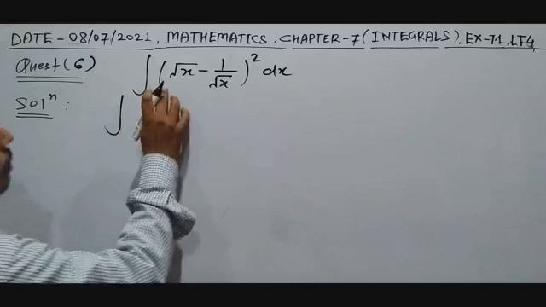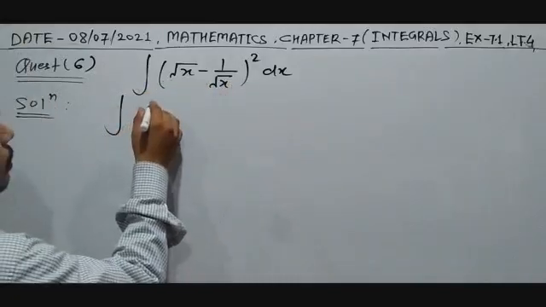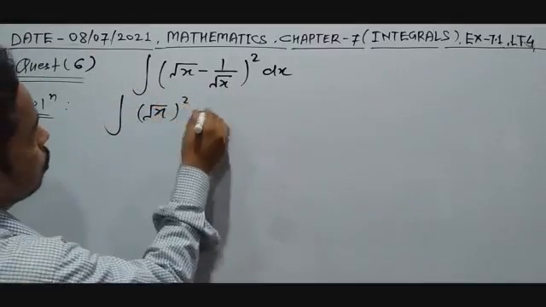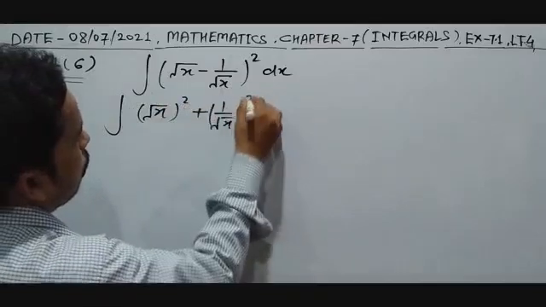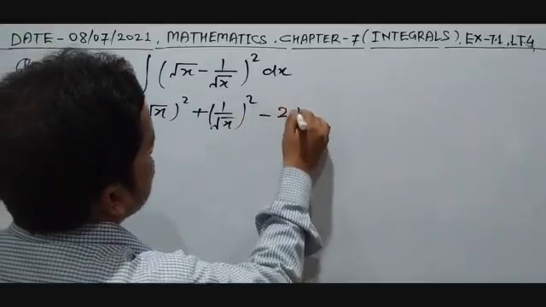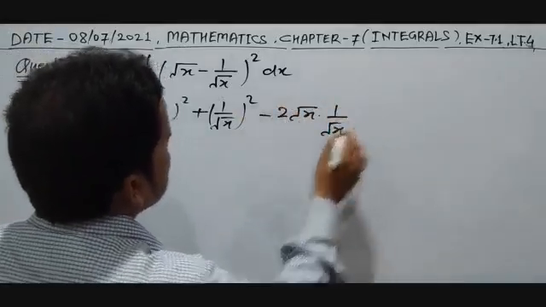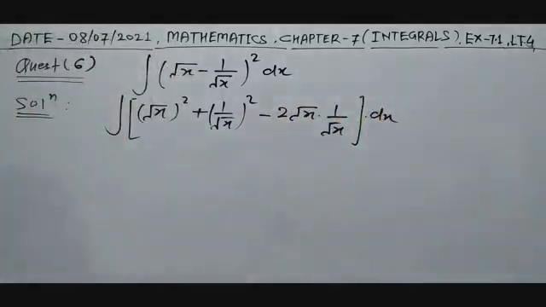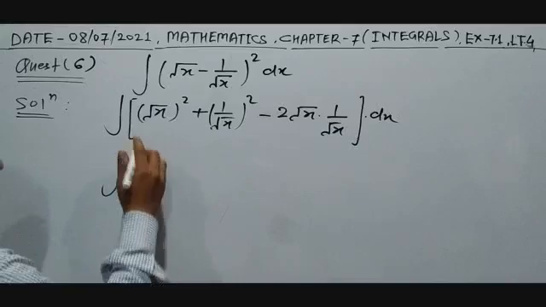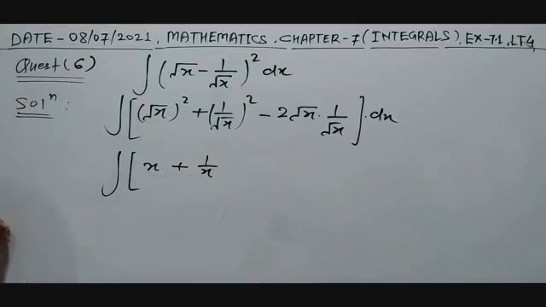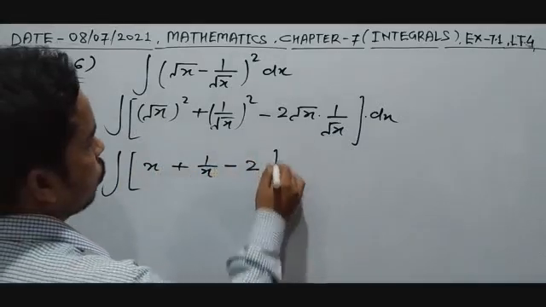By using the expansion method, you can write a minus b whole square: root x whole square, plus 1 upon root x whole square, minus 2 times root x times 1 by root x, dx. So now root x whole square is x, and 1 by root x whole square is 1 by x, minus 2, dx.